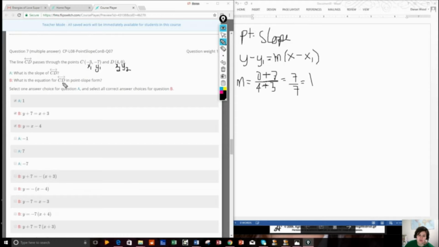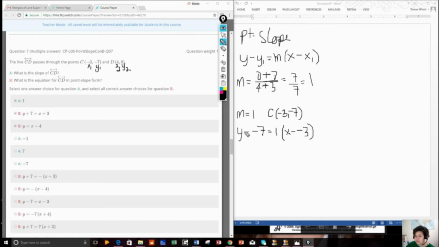Now, what is the equation for the line CD in point slope form? Again, we can have 2 equations right now off the bat because they give us 2 specific points. So if we were to have the slope as 1 and we were going to use the point C, negative 3, negative 7, our equation would be y minus our y1, which is from our point, so negative 7, is equal to m, our slope of 1, times x minus x1, which is negative 3.